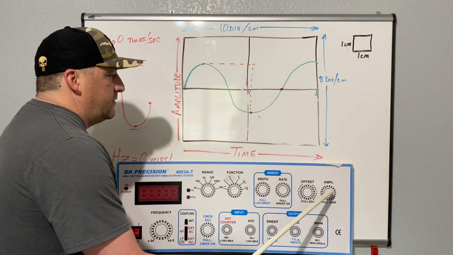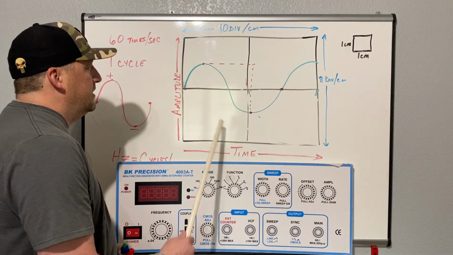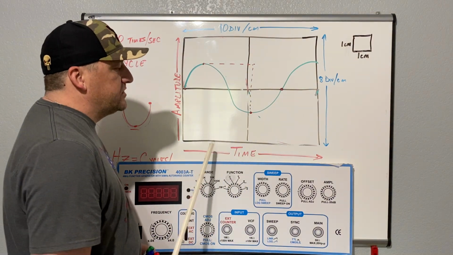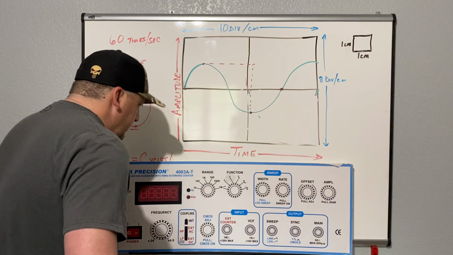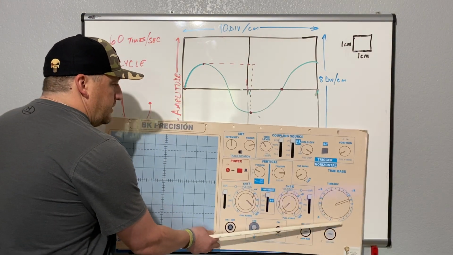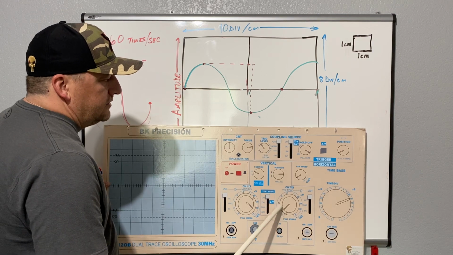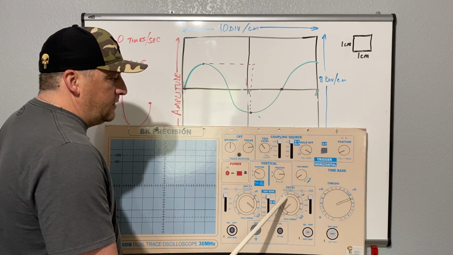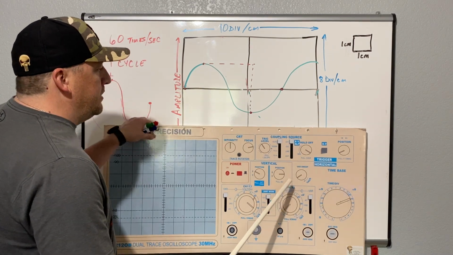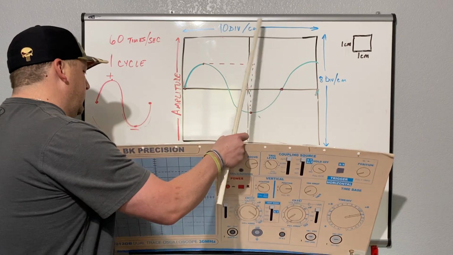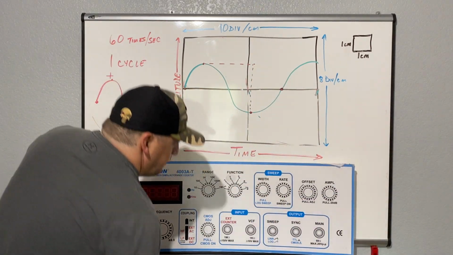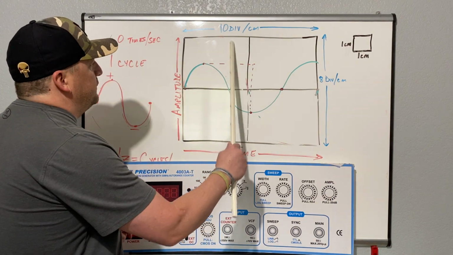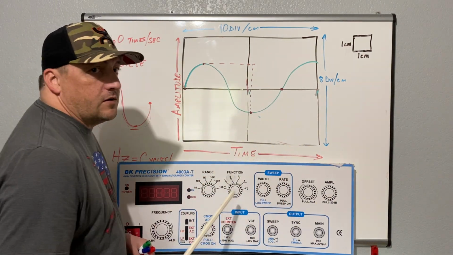Now, the way we're going to do that is if this is supposed to be 4 volts peak to peak, we will adjust our oscilloscope to hopefully 1/2 volt per division, and we will adjust this amplitude to where we've got it filling up the whole screen.